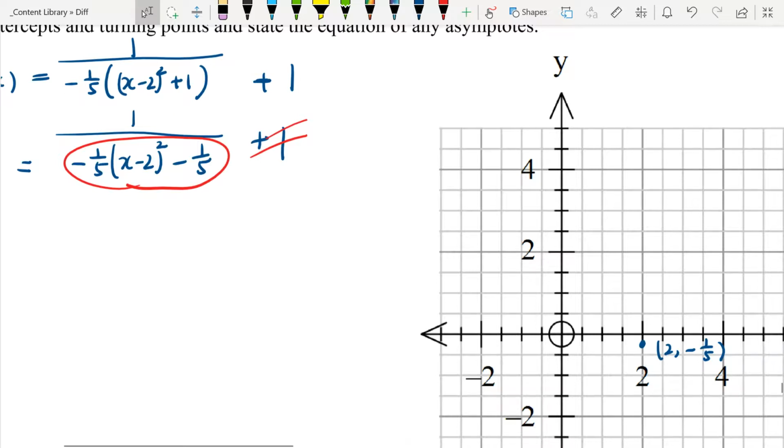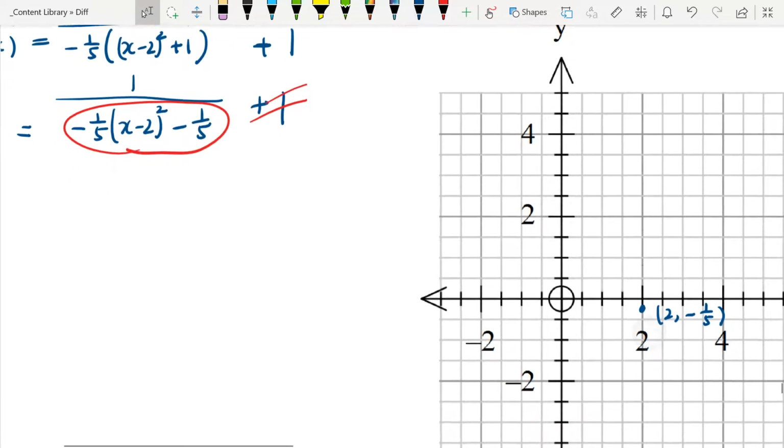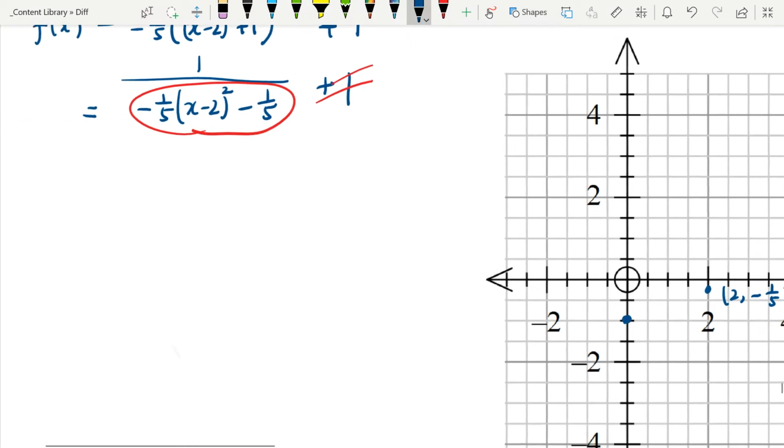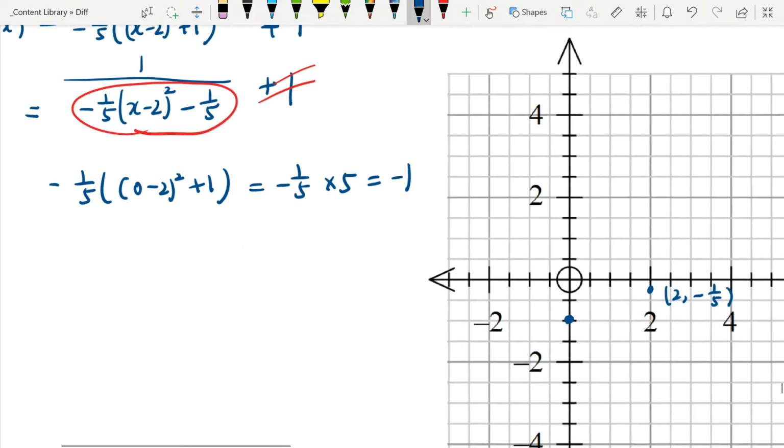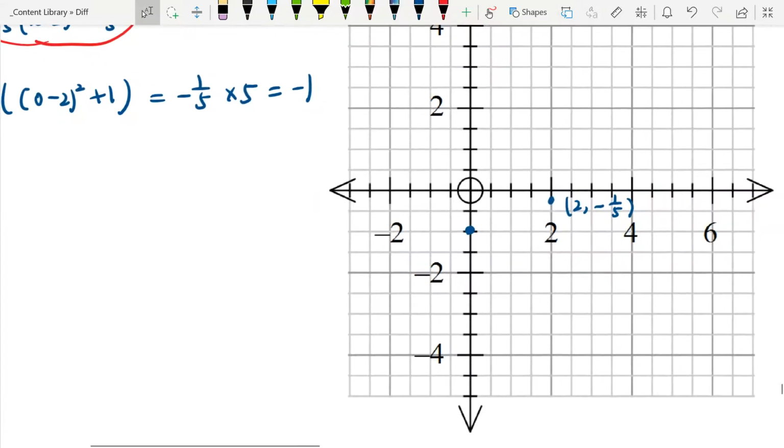On the denominator, what's the y-intercept? It's -1. If you sub 0 into that, it's -1/5 (0 minus 2) squared plus 1. So that's -1/5 times 5, and that is -1. So y-intercept is -1. And again, it's a decreasing function.